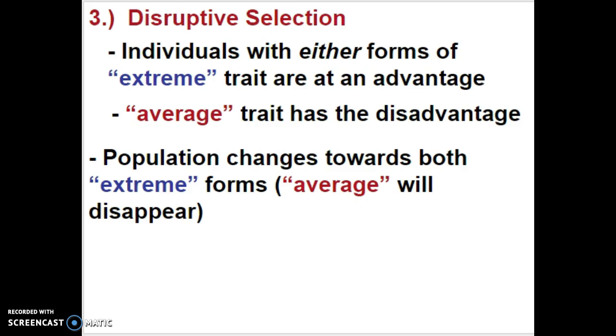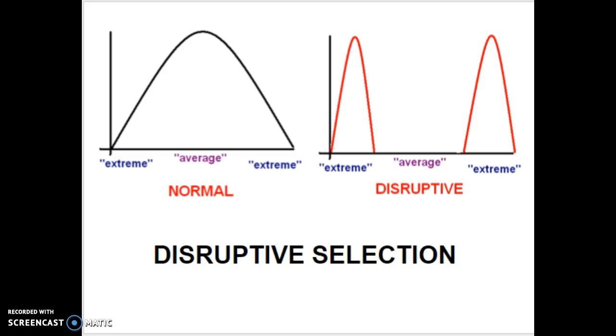If this happens long enough, disruptive selection can actually lead to making a new species. So from a normal population, what happens is kind of camel humps. The average goes down and both extremes will be more prevalent in the population.